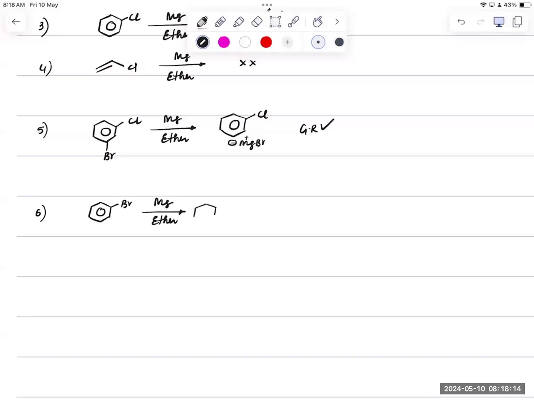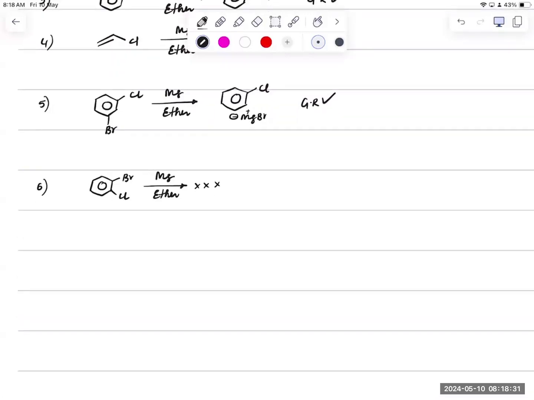If you have only bromine and you're treating that with magnesium and ether, in that case you will see no reaction here, sorry. For chlorine, yes, it is relatively more reactive, but I meant to say here, if you have Cl and bromine, then it is not reactive. How is that? See, the problem here is again the same logic.